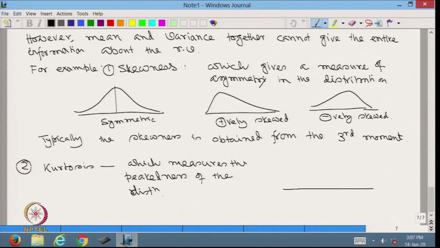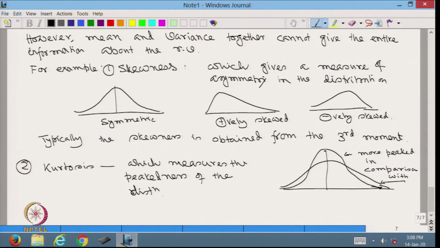For example, this one is more peaked in comparison with this one.